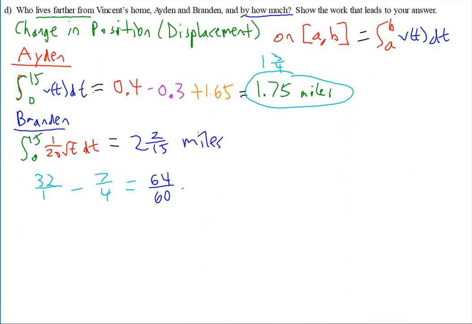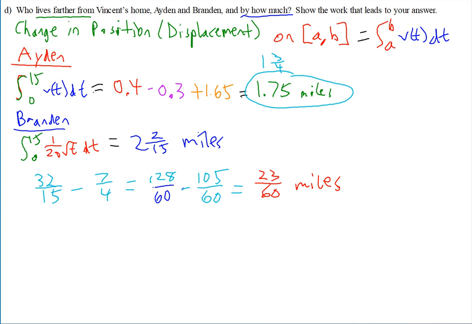32 over 15. So the common number is still 60, but now it's not 64 over 60. We have to multiply it by 4, so that gives you 128 over 60. Minus, then multiply this one by 15, would give you 105 over 60. So when you subtract those, you actually get 23 over 60 miles. So that's actually how much further, based on the scenario, Brandon lives away from Vincent's home than Aiden.